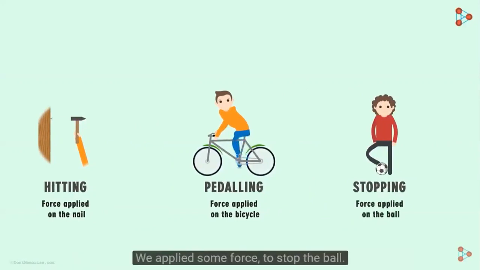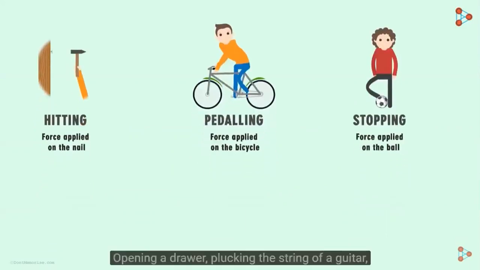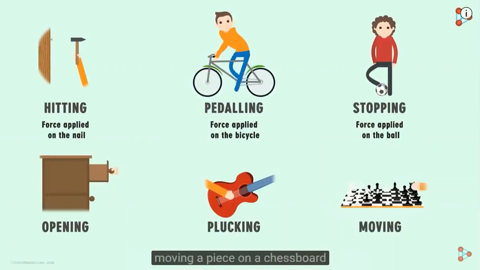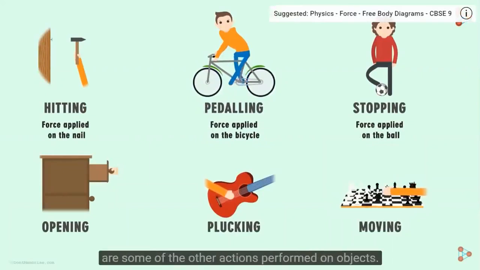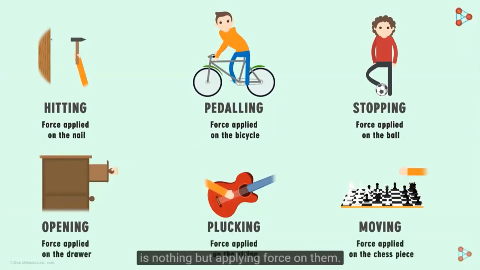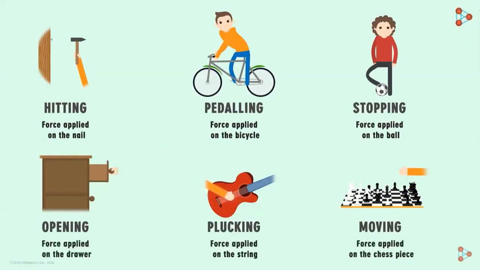We apply some force to stop the ball. Opening a drawer, plucking the string of a guitar, moving a piece on a chessboard are some of the other actions performed on objects. So, performing these actions on objects is nothing but applying force on them.